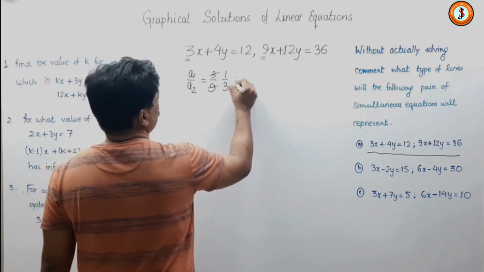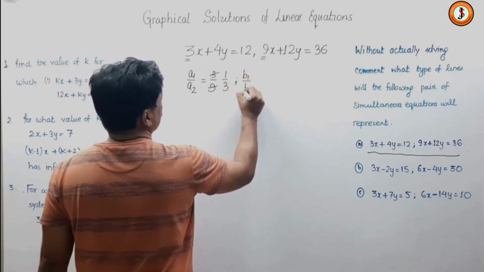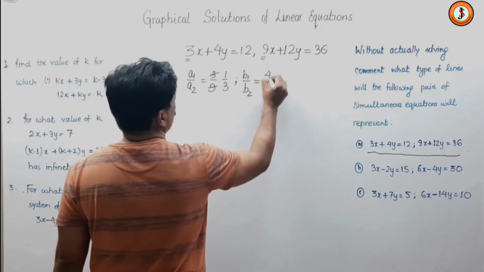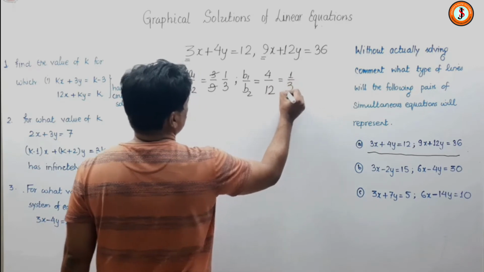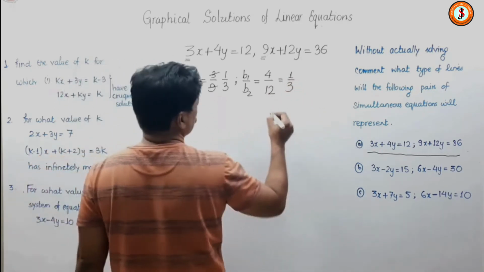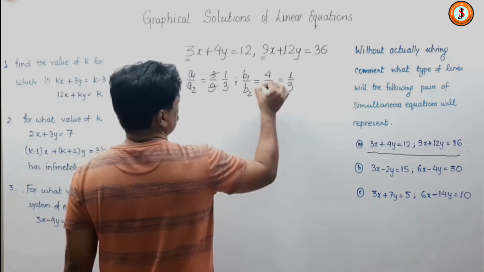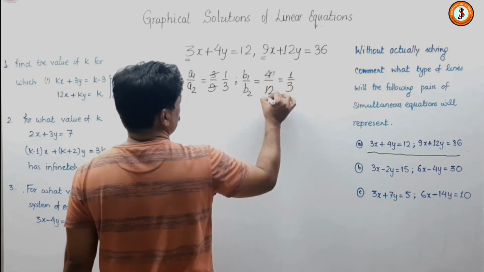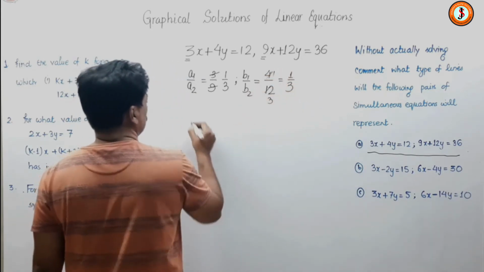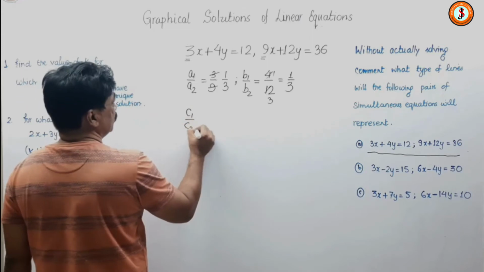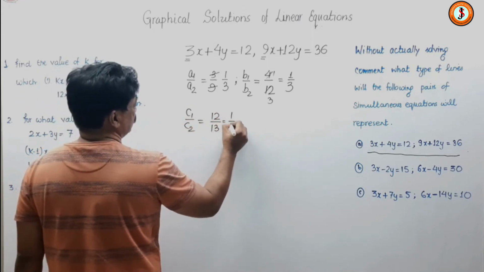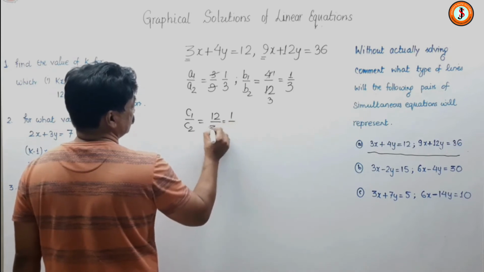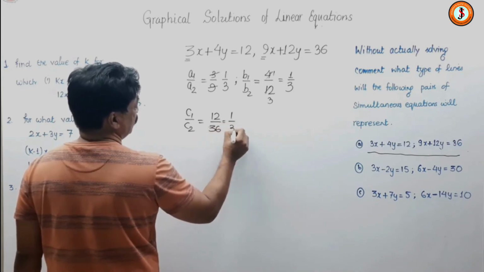Then I will find b1 by b2, that is 4 by 12, that also is equal to 1 by 3. Then I will find c1 by c2, that is equal to 12 by 36, so that will also be 1 by 3.